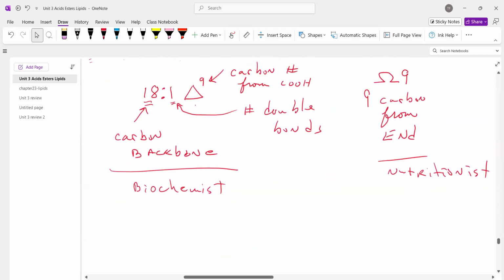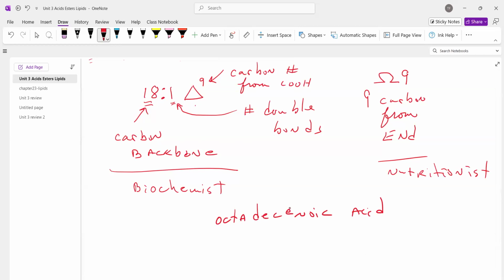And then we have the IUPAC way. This is going to be an octadecanoic, and this would be at position 9.